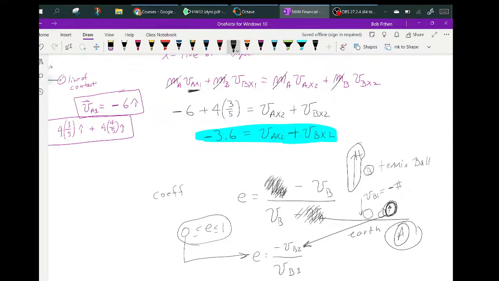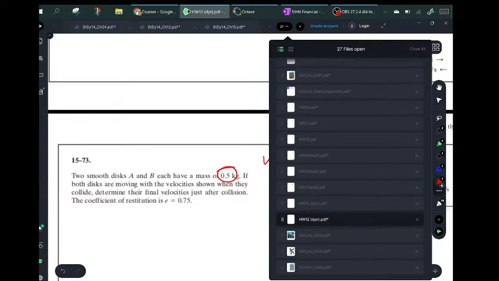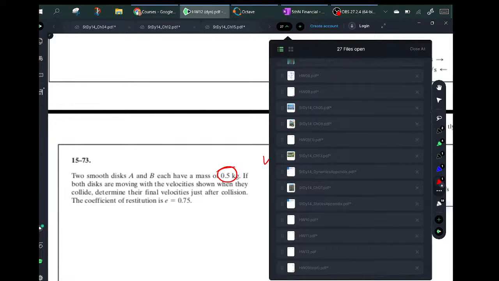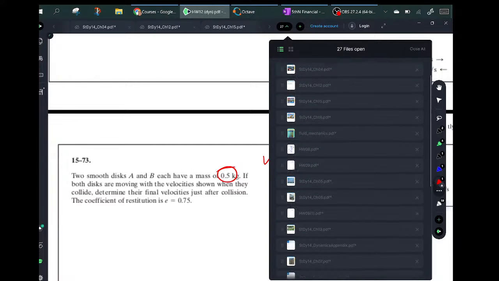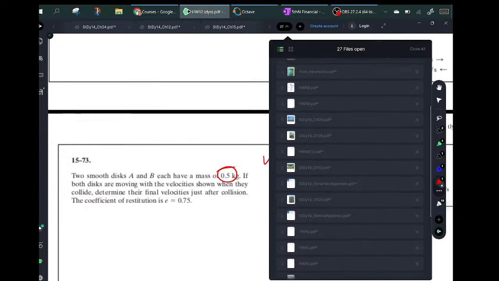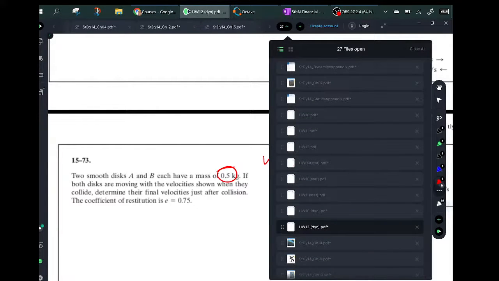Let's look back in the book and let's see how accurate that was. Okay, we're looking for 15. I probably have already gone past it. Okay, am I not seeing it? 7, 14.